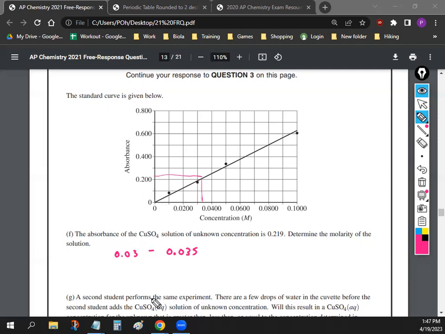It does definitely look like it's less than half. Yeah, you might be pushing it, but I think 3.6 should be fine. As long as you're not like 3.9, 3.8, way far to the right. It just says estimated value, but it doesn't give you a specified range.